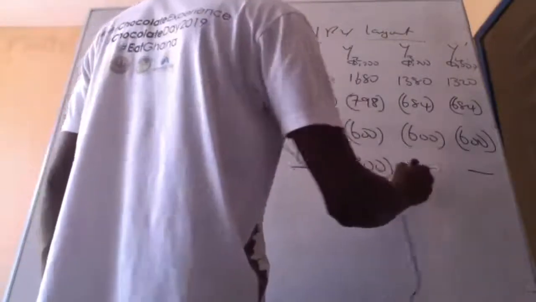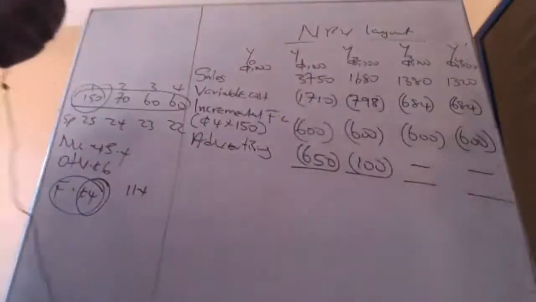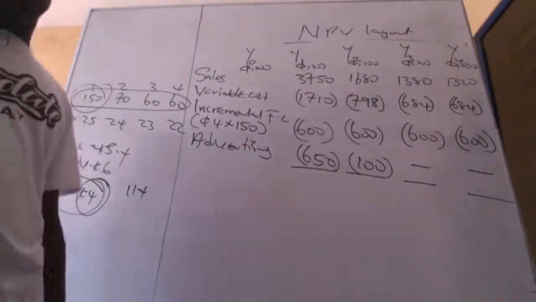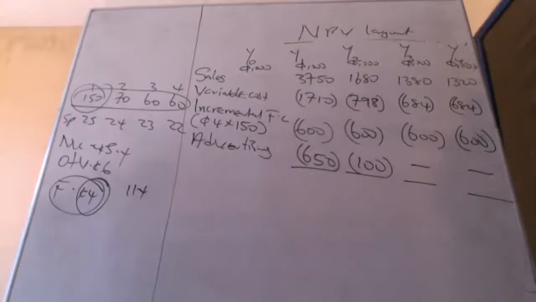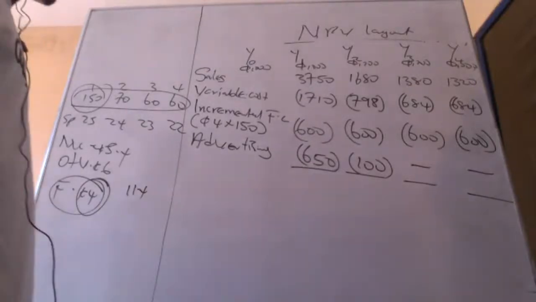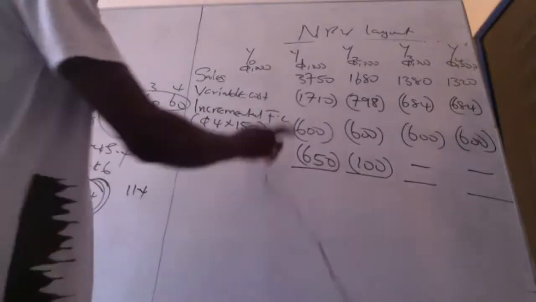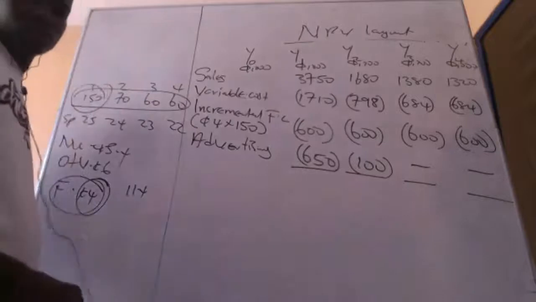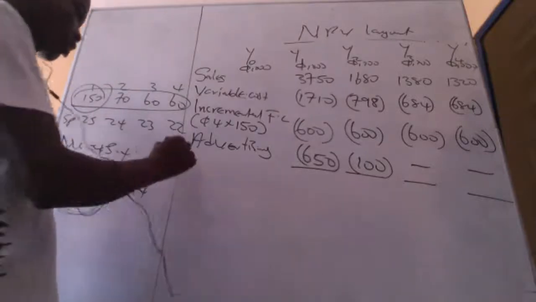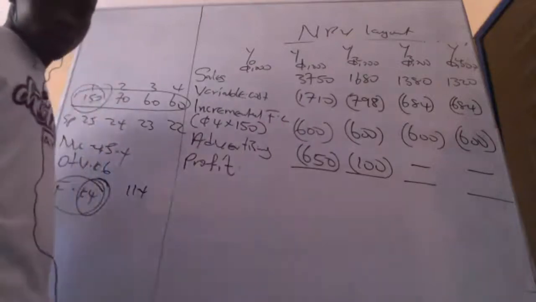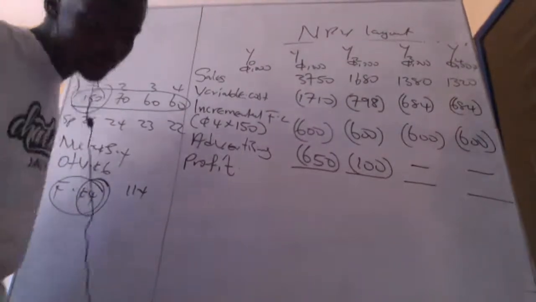So now finally, what is the profit? Then we are done. I guess we have exhausted all the items. So kindly calculate the profit for me: sales revenue less all the costs. 790, I like that.